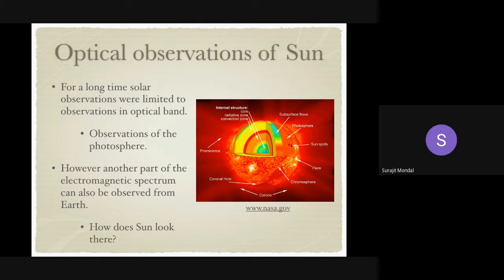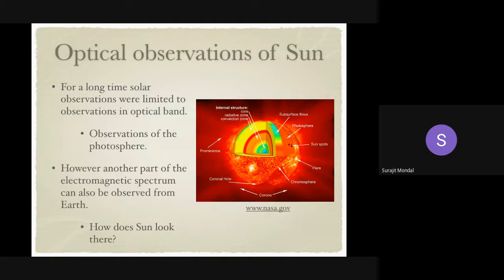Nature gives us the opportunity to observe these layers in the optical band during solar eclipses. During a solar eclipse, the moon blocks the photospheric light, and then we can see the solar corona and the chromosphere. You might have seen some of the beautiful images of the solar corona taken during solar eclipses.